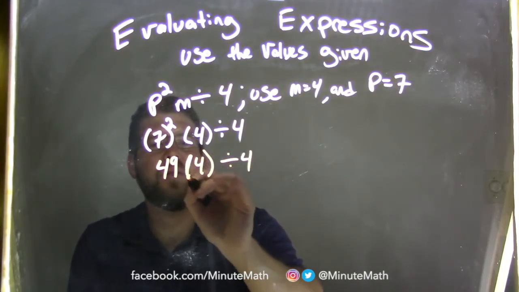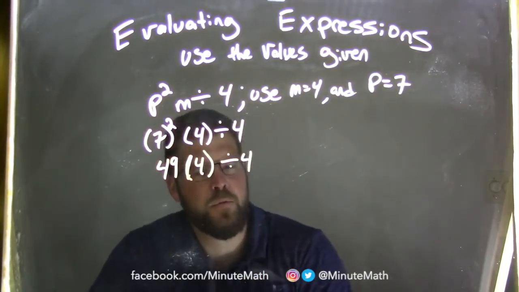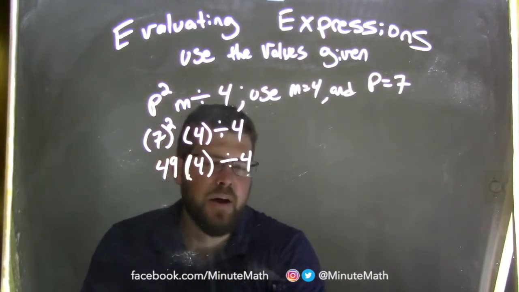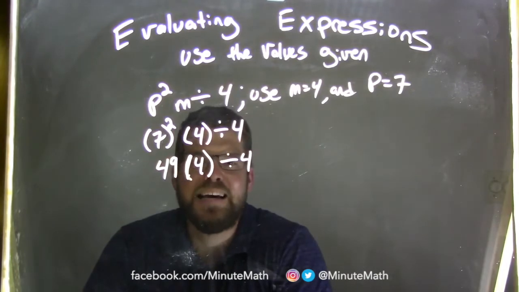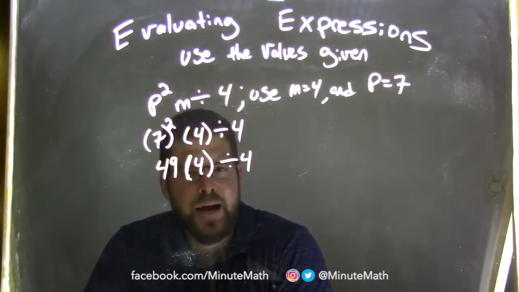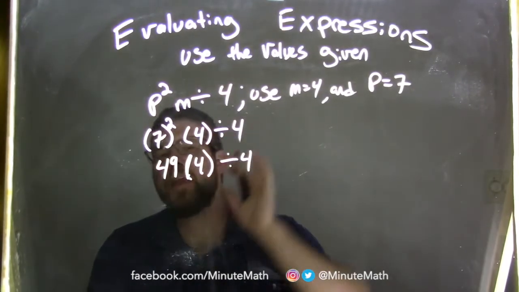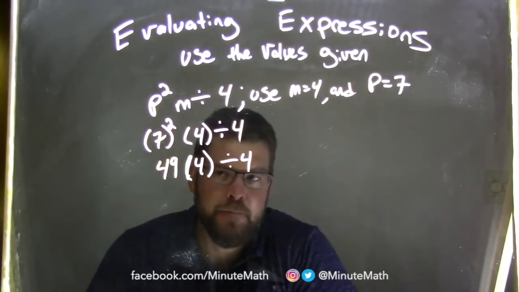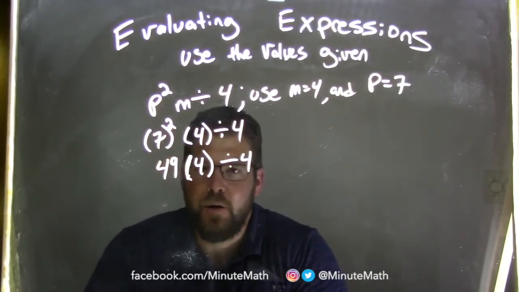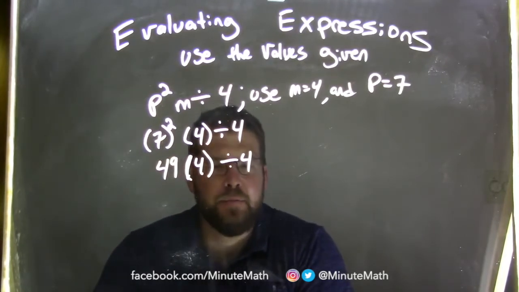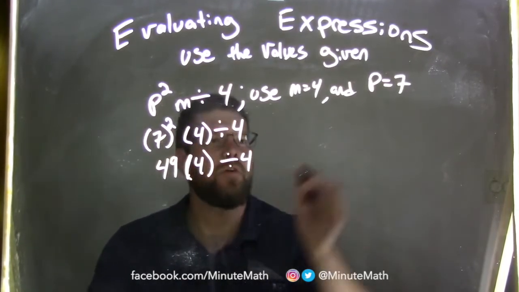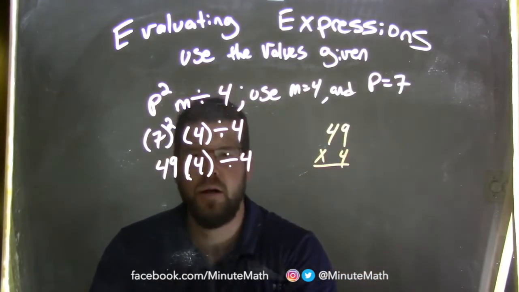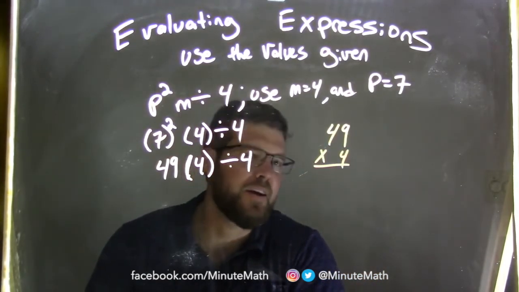Now this is a tricky thing. I know the final answer is going to be 49 because although it's multiplication, 49 times 4, I then divide by 4. And 4 divided by 4 is 1. Whenever we take 49 and we multiply it by 4, whatever that number is, if I divide by 4, I get back to 49. But let's go simplify this out here, okay? 49 times 4, what could that be? If you want to take it to the side here, show a little scratch work on the side. Let's not rush to the calculator here.